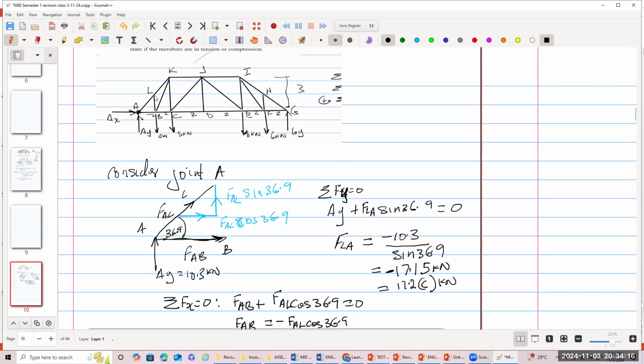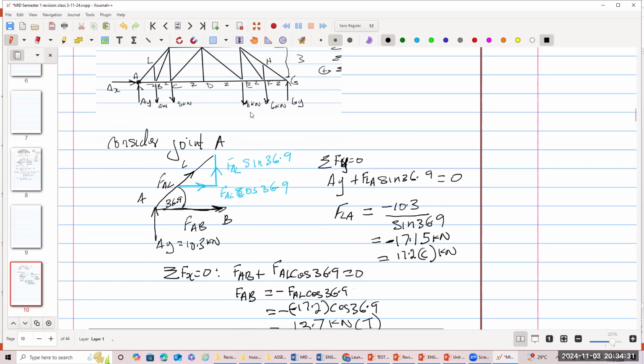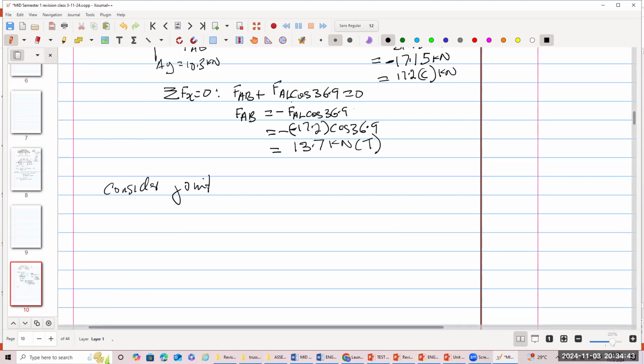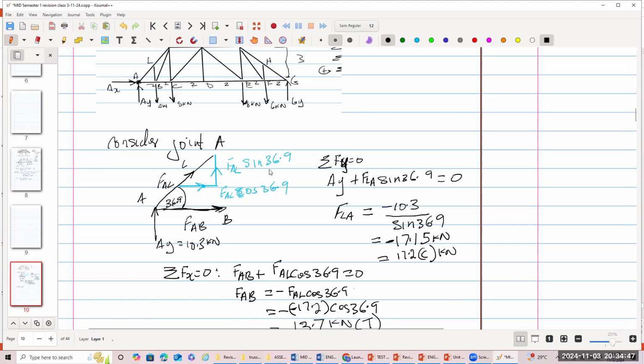You could go again and take another joint. You don't want a joint with too many unknowns. So you could take joint L. You could consider joint L. We're going to draw joint L again.